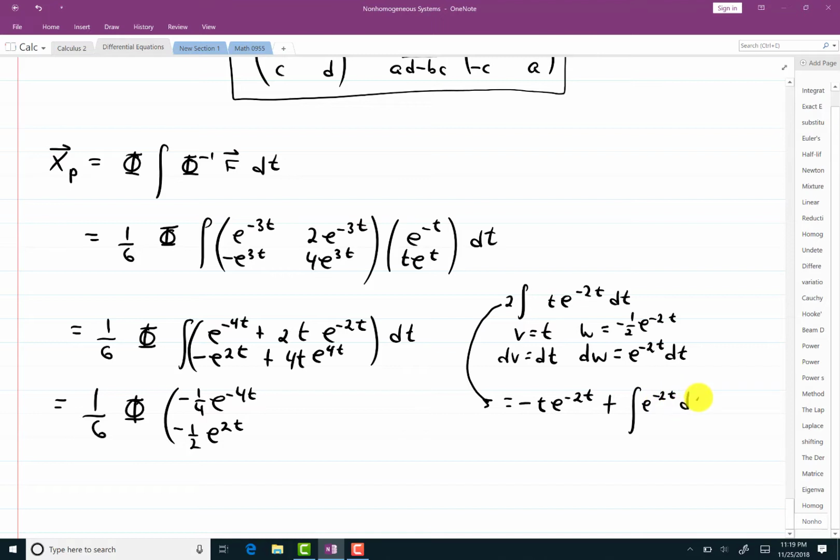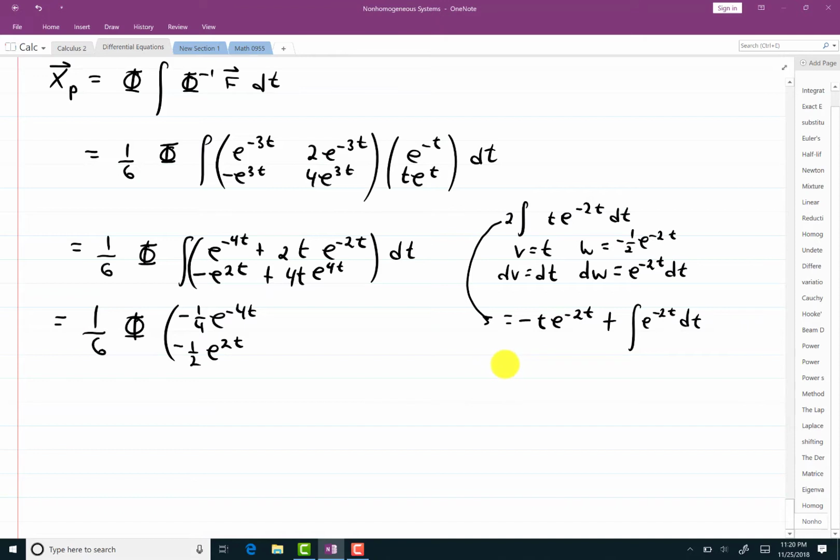You don't need to worry about constants here. We are working on a particular solution. This will be negative t e to the negative 2t minus 1/2 e to the negative 2t. So I have minus t e to the negative 2t minus 1/2 e to the negative 2t.